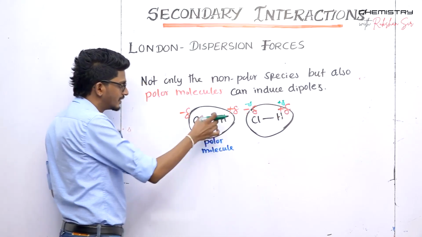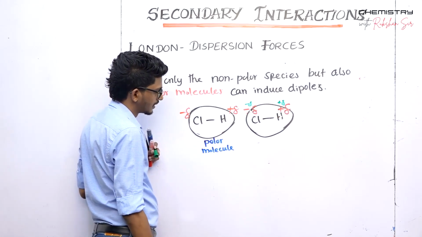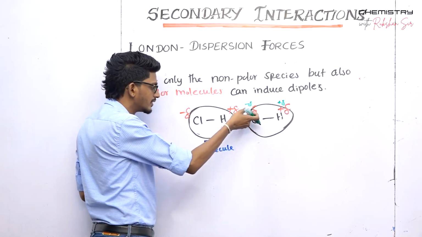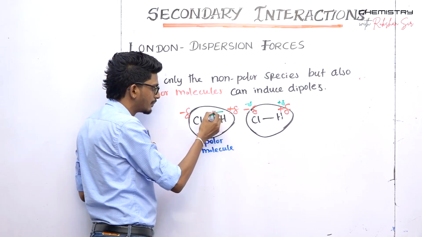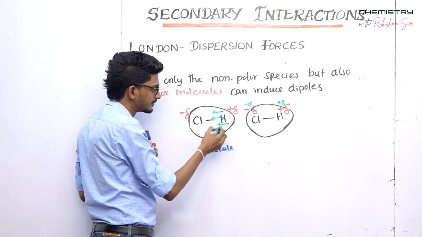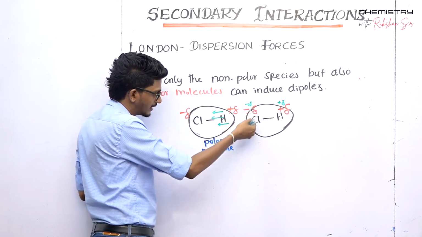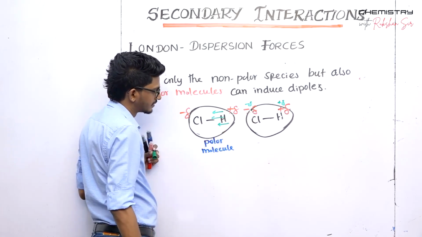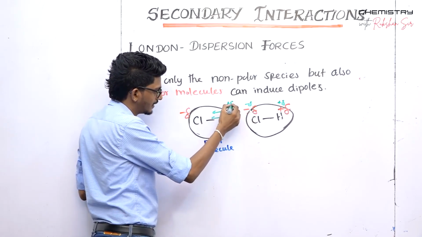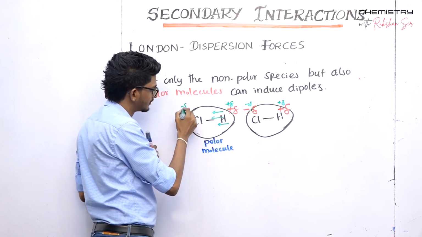The same thing happens with this one as well. In the presence of this negative pole, some of the electron density here will be repelled, creating an induced dipole there as well.